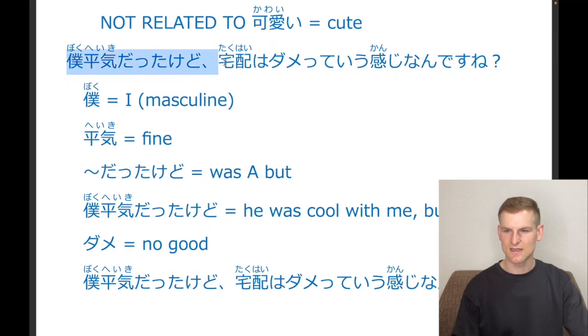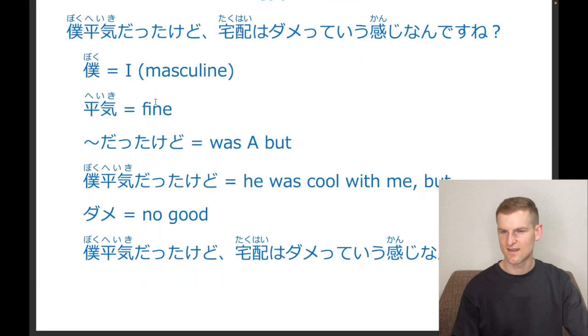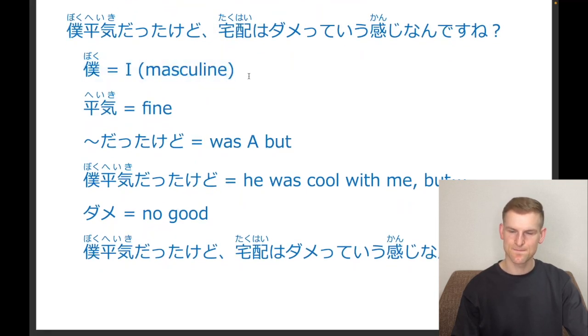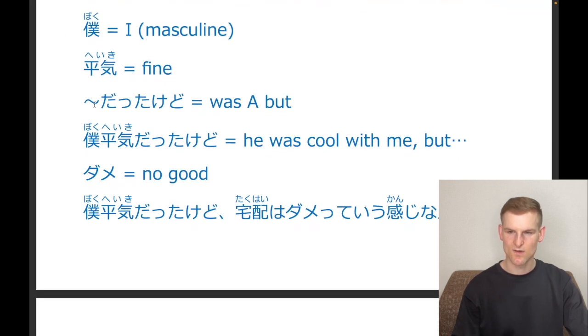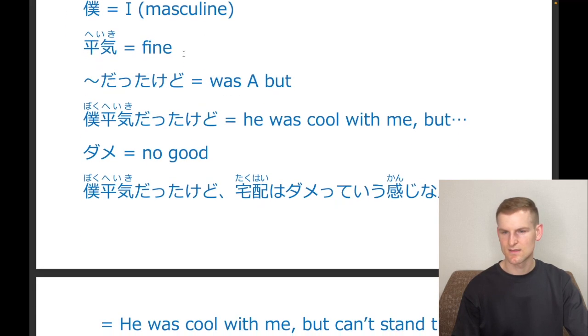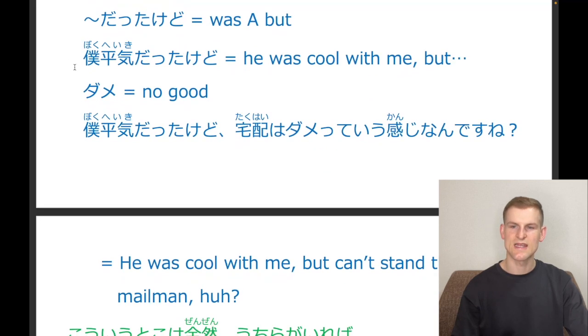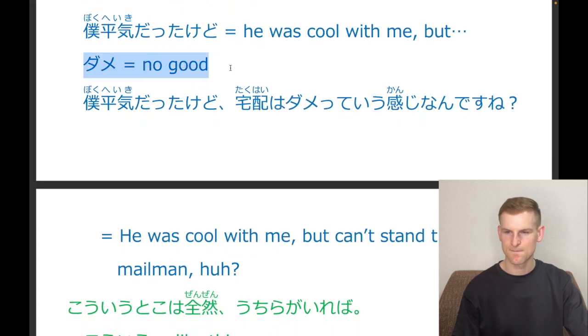僕平気だったけど宅配はダメっていう感じなんですね. Okay, so 僕 is I, masculine. 平気 is fine. だったけど was, but. Put that together. 僕平気だったけど, so he was cool with me, but okay, next we have ダメ, no good.